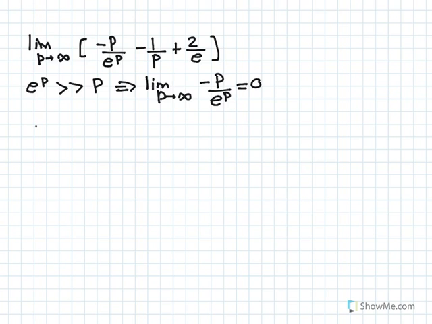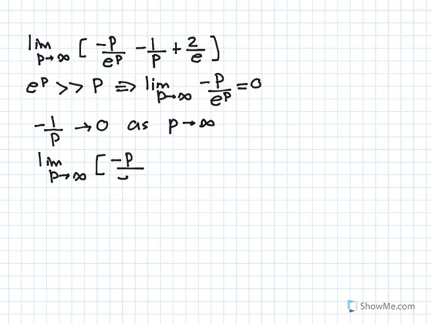And similarly, negative 1 over e to the p, this ratio approaches 0 as p approaches infinity. So the limit as p approaches infinity of minus p divided by e to the p minus 1 over e to the p plus 2 over e is equal to 2 over e. The improper integral converges.